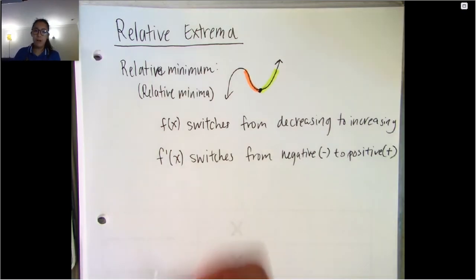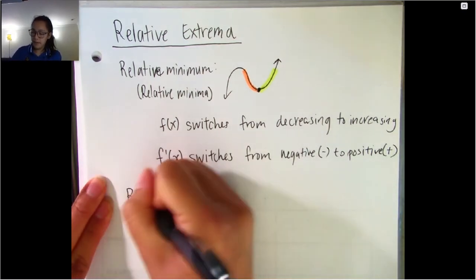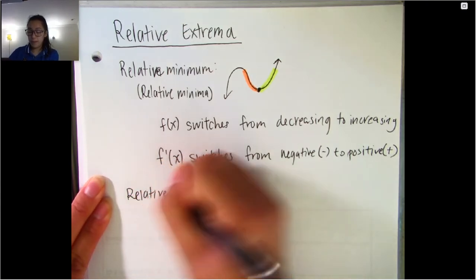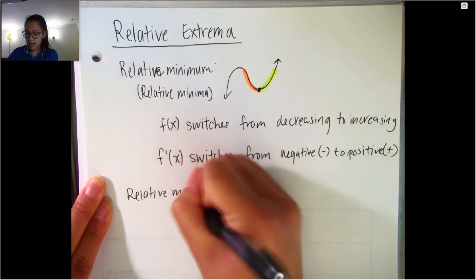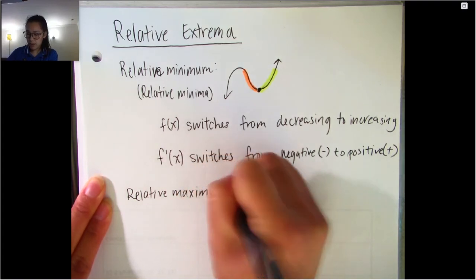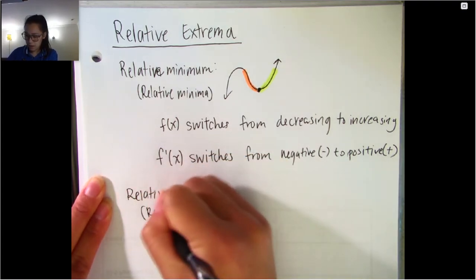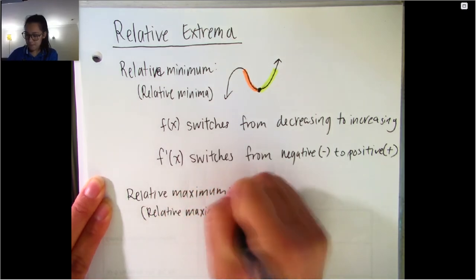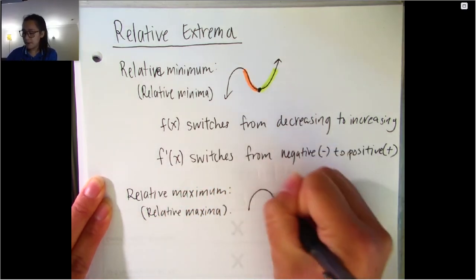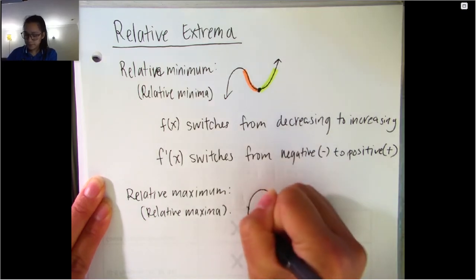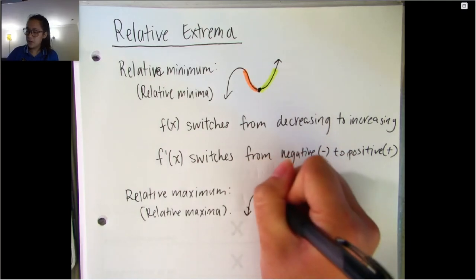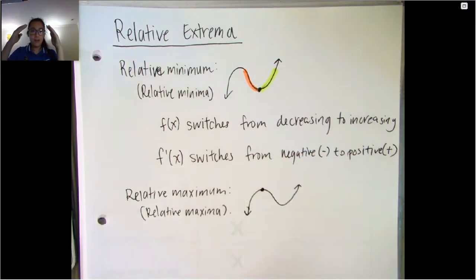I'm sure you can figure out then what relative maximums look like, or relative maxima. So again, if you had a graph that looked vaguely like this, your relative maximum occurs right here at the top of a hill.